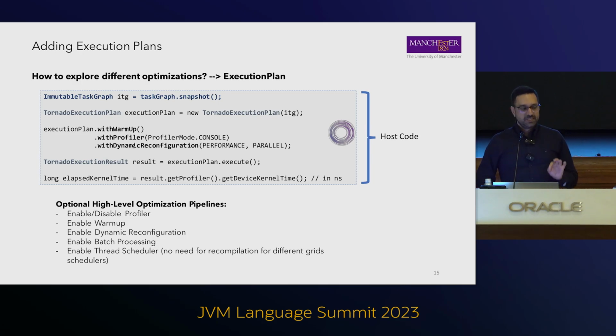Dynamic reconfiguration means live task migration across accelerators during runtime, meaning that TornadoVM can say, run for a while on GPU 1, and then later, TornadoVM realizes that GPU 2 is faster, so it migrates execution without restarting the application. You can enable that with this call. And then we call execute. Once we call execute, this is where everything happens. We compile the code, we manage the execution, we launch the application, and so on and so forth.